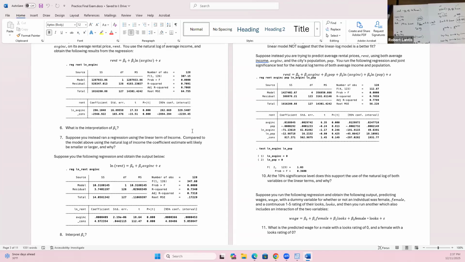I couldn't compare a log-linear even to a linear model because the Y variable is not the same, right? That's what matters, because the R squared or the adjusted R squared is the amount of variation I'm explaining in that Y variable. By taking the natural log, I'm inherently changing the variation that would exist. Okay? Yeah. But for the log-log and log-linear, you can use the adjusted R squared to compare it. Yep, because my Y variable is the same.